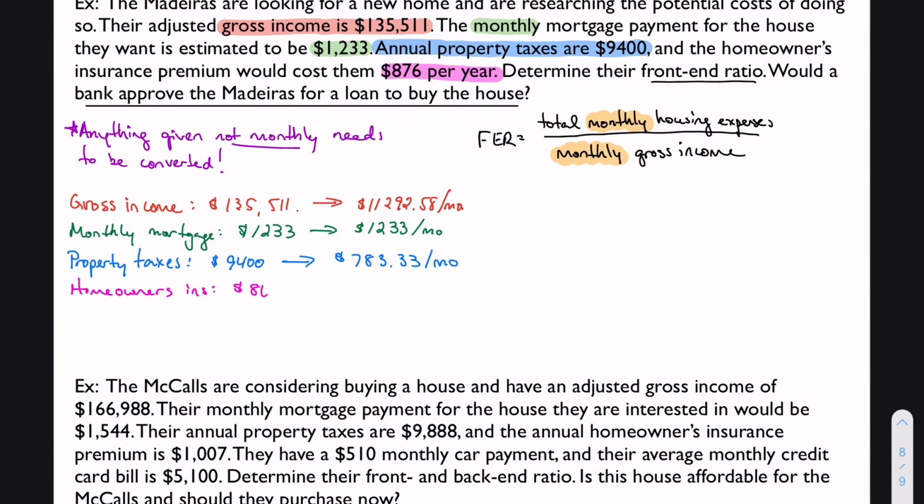That's $876 per year, which is $73 a month. Even if some of these aren't paid monthly in reality, just for the sake of calculation, we still need to convert that way. Things like property taxes are usually paid quarterly instead, but for the sake of calculation here, we need to convert to months.